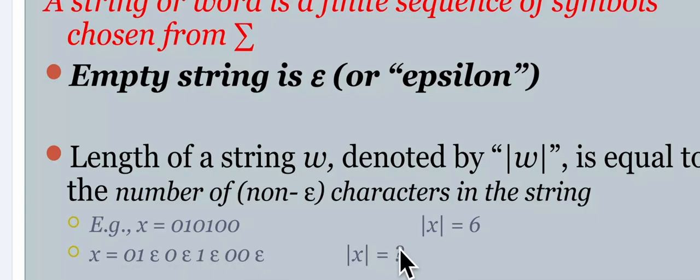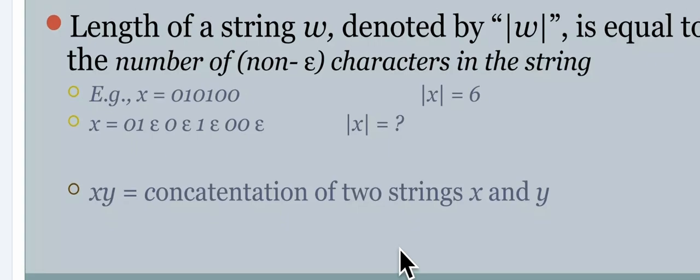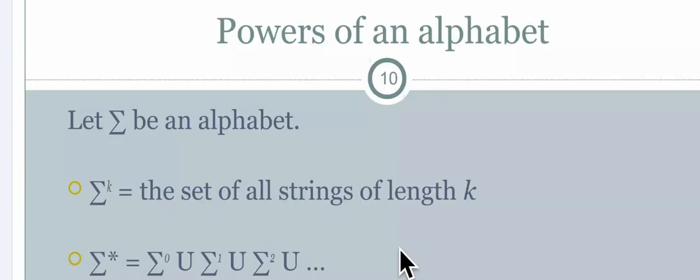xy is the concatenation of two strings x and y. Now the power of an alphabet, which is important: let sigma be an alphabet. Sigma power k is the set of all strings of length k. Sigma star is sigma power 0 union sigma power 1 and so on, all possible string lengths.